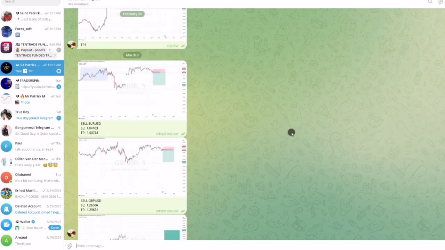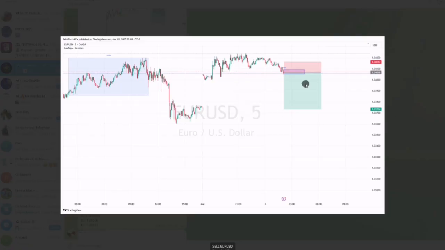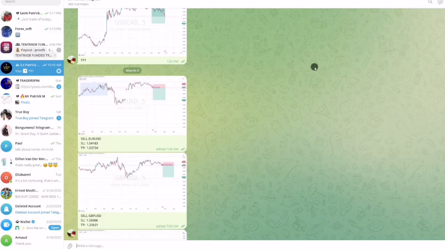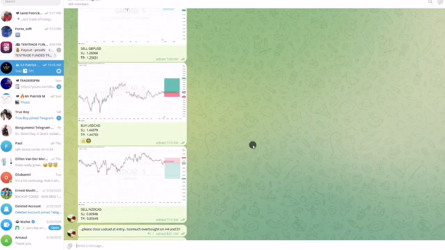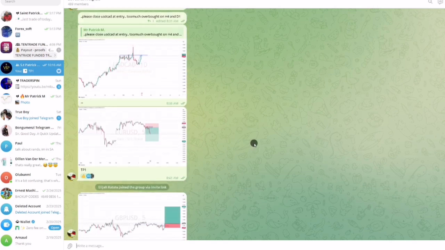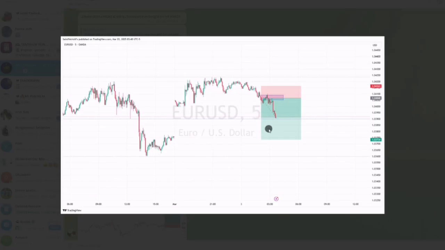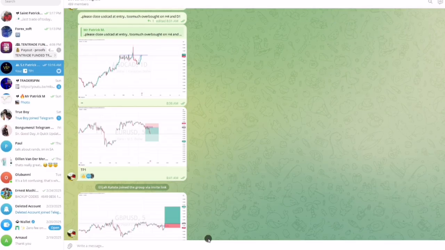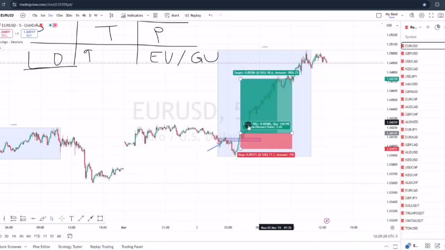That's why the first signal today was a sell on EUR/USD, because price closed below, and that sell didn't go really far. We took some partial profits, and then price returned.